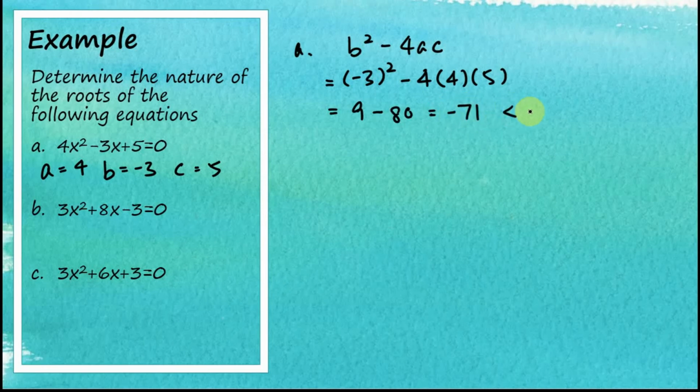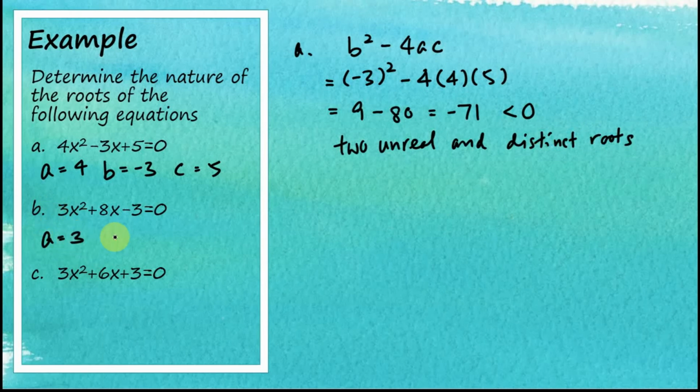And this is less than 0. This is negative. And therefore, this quadratic equation has two unreal and distinct roots.